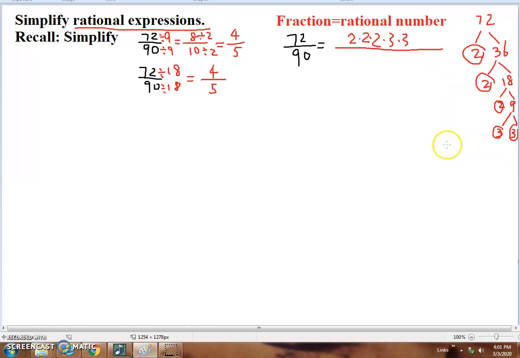And similarly, we can break down 90. 90 is 2 times 45. And 45 is 5 times 9. And 9 is 3 times 3. So we can write down these prime numbers: 2 times 5 times 3 times 3.